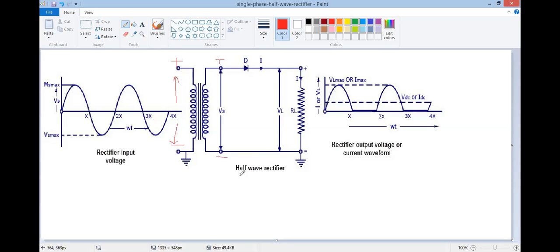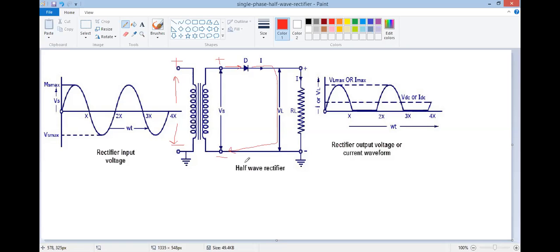So see the circuit connection. The positive terminal of the battery is connected to the triangular part of the diode, and the negative terminal of the battery is connected to the n-type material of the diode. That means p is connected to p, n is connected to n.